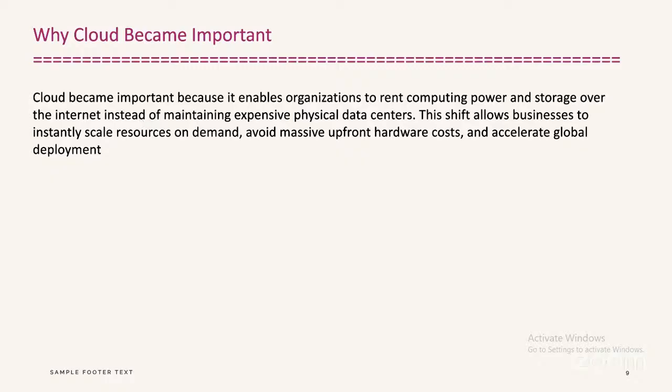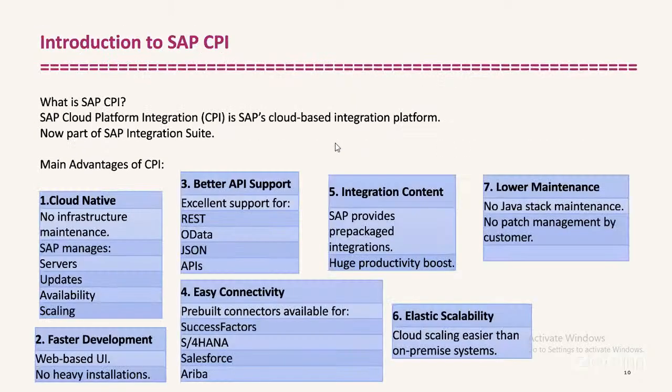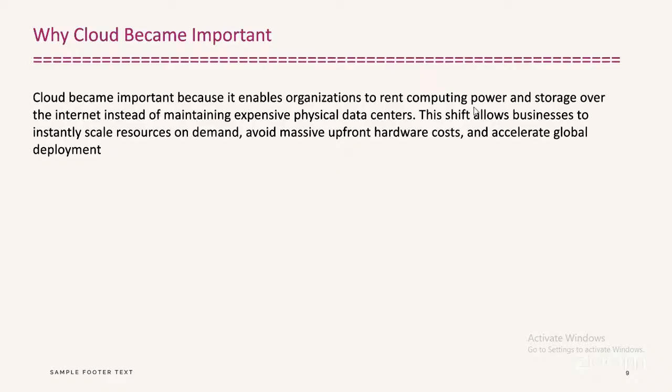Now we need to understand why cloud became important nowadays. Cloud became important because it enables organizations to rent computing power and storage over the internet instead of maintaining expensive physical data centers. In PAPO, we handle the physical data center in our company, whereas in the cloud, they maintain our data centers.